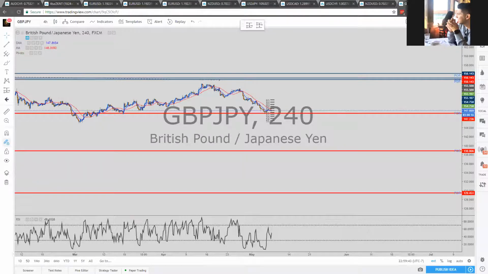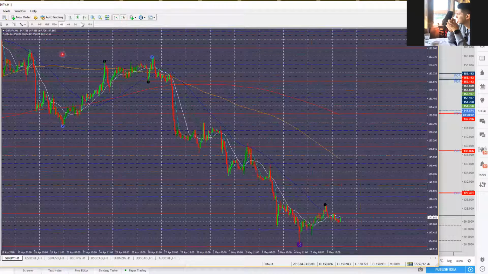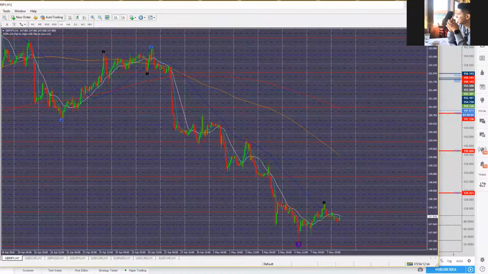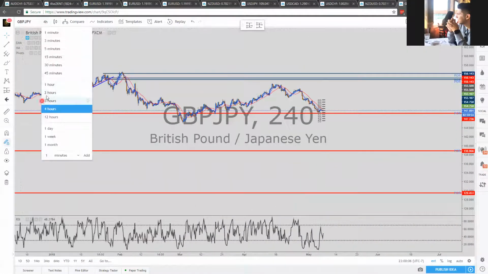One sec. This is GBP JPY. So looking on here, yeah, I can see there's a 3 being painted down here, which means it should be reversing soon.